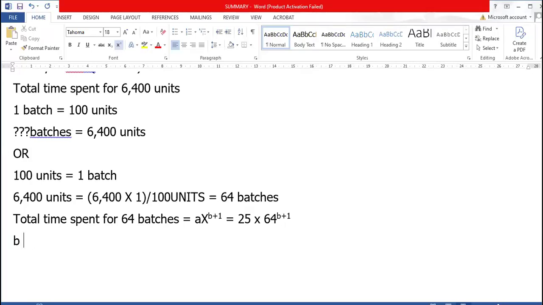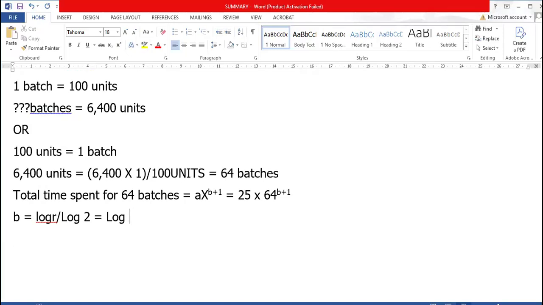So b is always equal to log r over log 2, which in this question is log 0.9 divided by log 2.